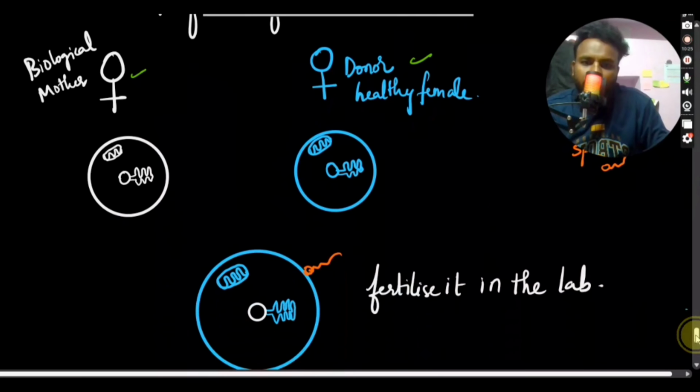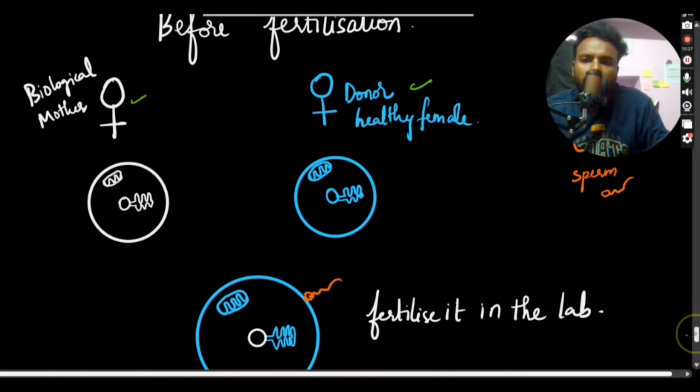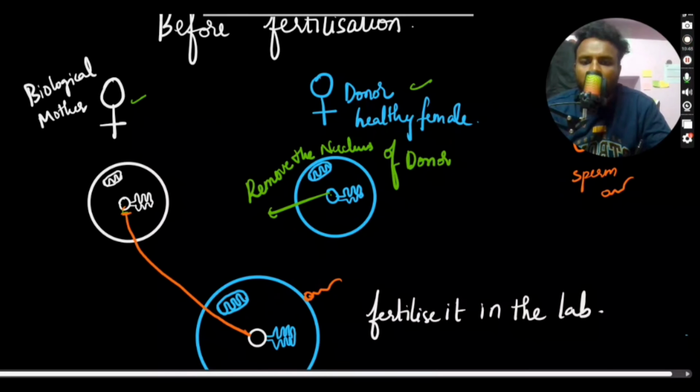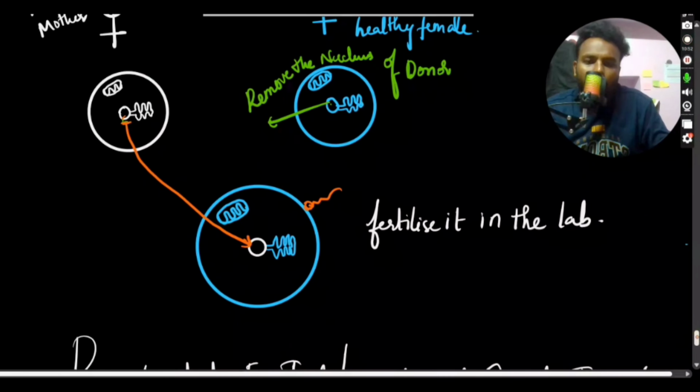So just take this nucleus, and remove the nucleus of the donor who has healthy mitochondria, and add this nucleus of the mother into the ovum or egg of the donor.